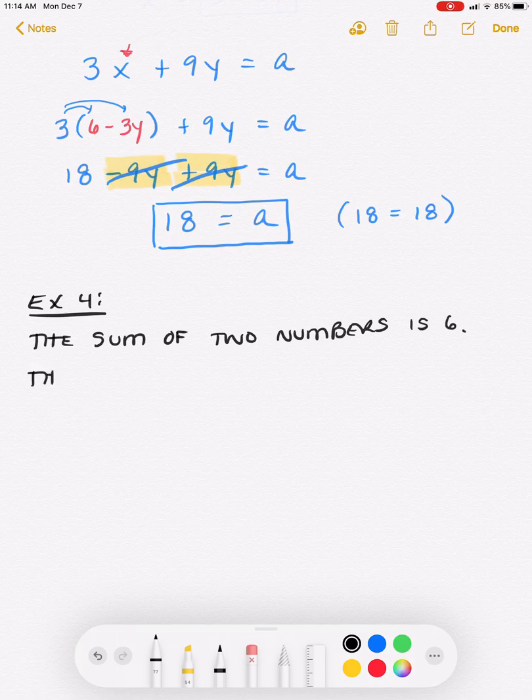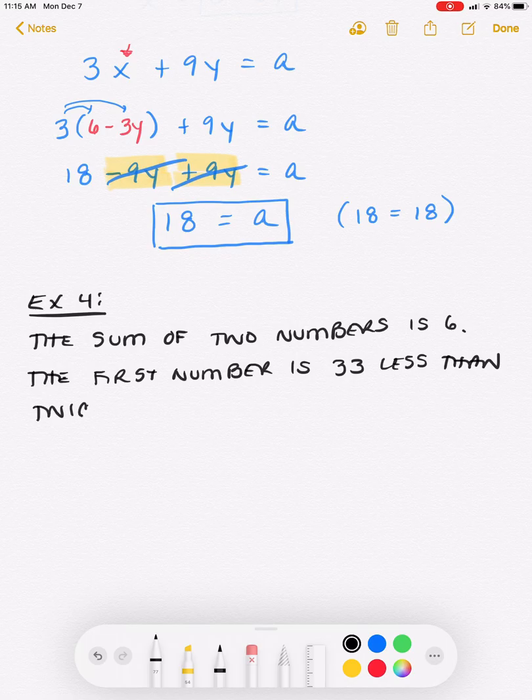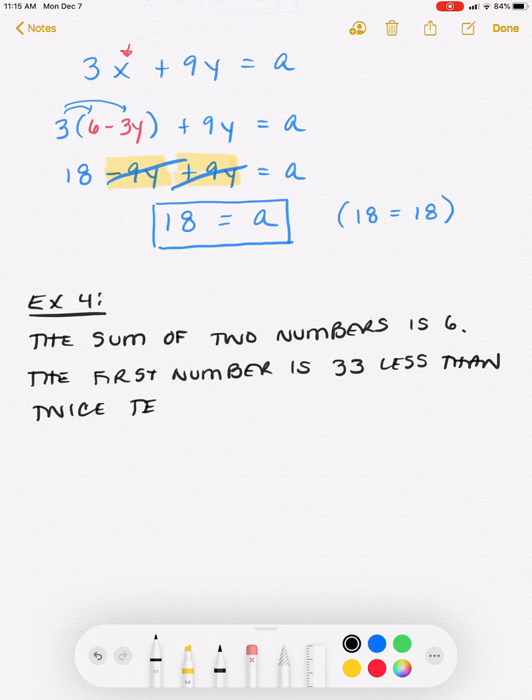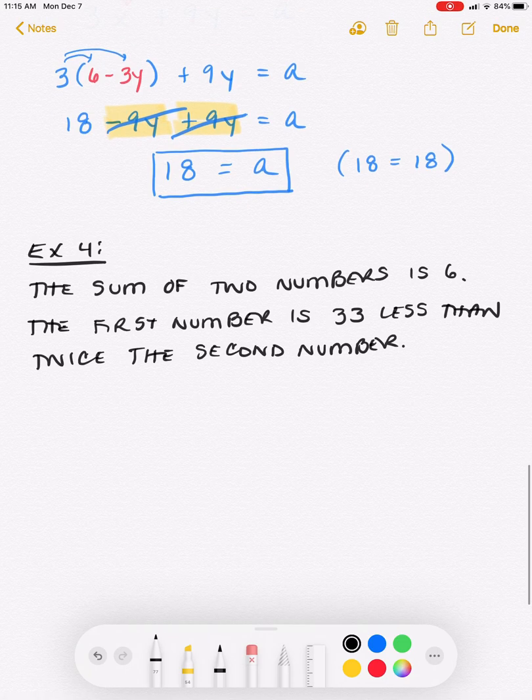Okay, the first number is 33 less than twice the second number. Okay, you can hit pause if you need to, but go ahead and finish writing this down. All right, and when you're ready, this time we're going to set up a system of equations to solve this problem.